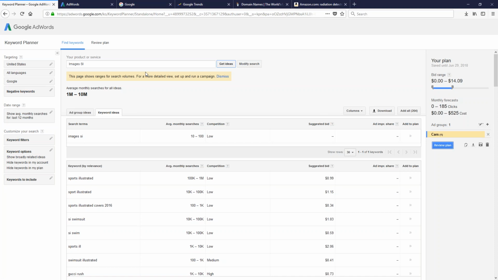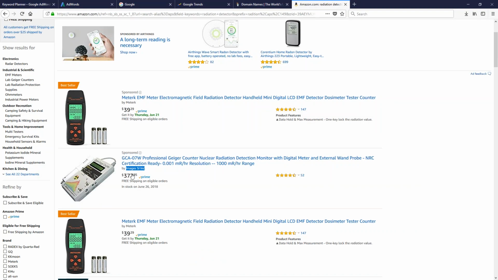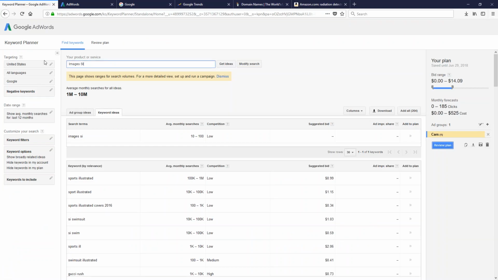So this particular brand name might be kind of difficult to try to determine how much demand there would be for it in the search engine rankings. I could try to search for the model and see if anything pops up for me here. I have a very tiny amount of search traffic showing up for this particular search.